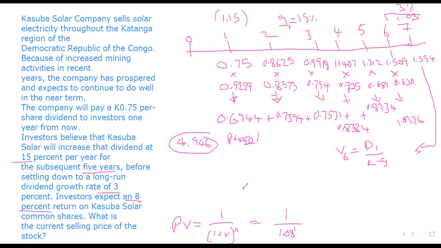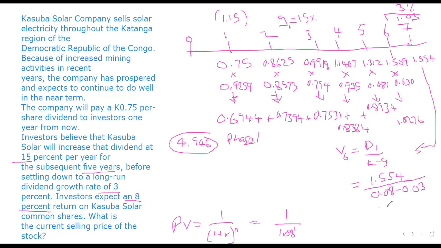So 1.554 over K. Our K is what? K is 8%, 0.08. And our new G is what? 3%, 0.03.